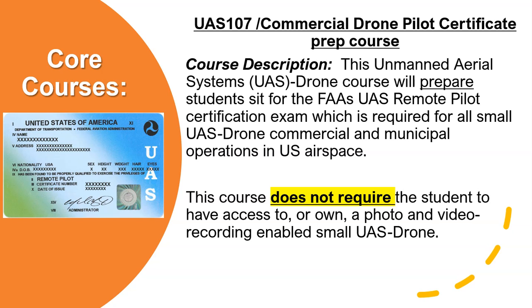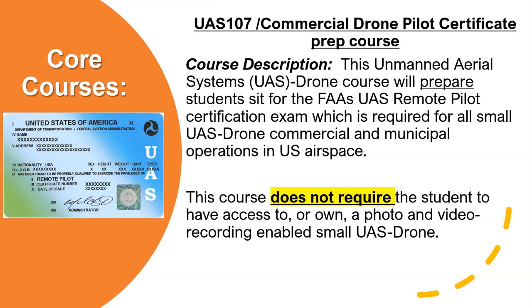The first course students will complete is the UAS 107 Commercial Drone Pilot Certificate Preparations course. This course is designed to teach students the basic requirements for operating a drone safely and legally in the FAA national airspace. Students who already possess a valid Part 107 Remote Pilot Certificate or its FAA Part 61 Manned Aviation equivalent may substitute this course for a second approved elective.